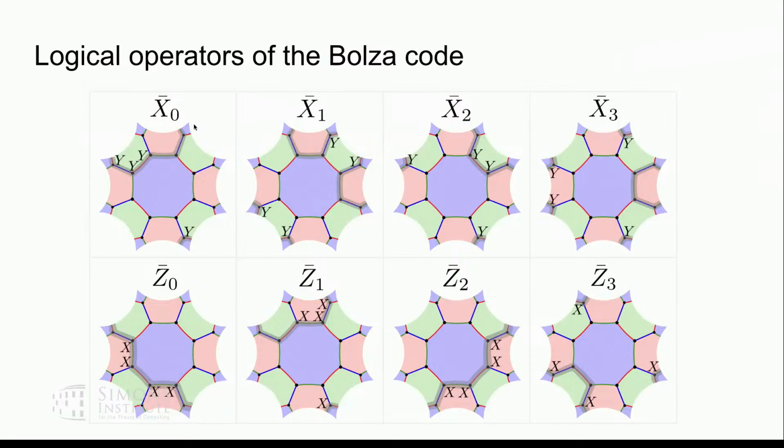The path remains fixed throughout the schedule, but the actual physical Pauli operator does change. The logical operator changes throughout the cycle, but it remains in the support of this homologically non-trivial logical path. So this is a basis for the logical operators of the Bolza code.